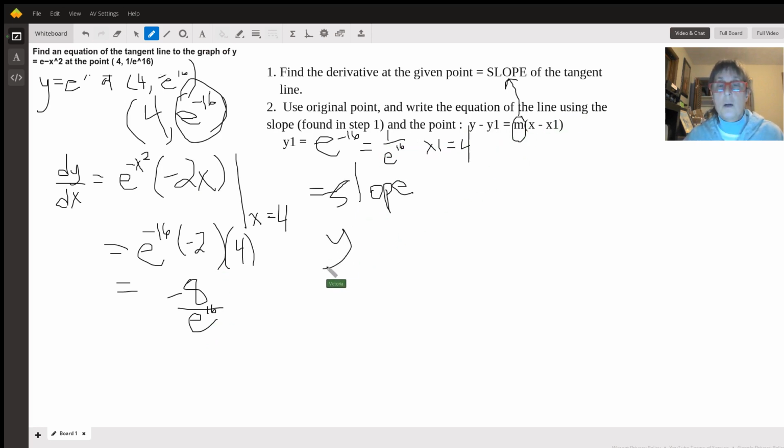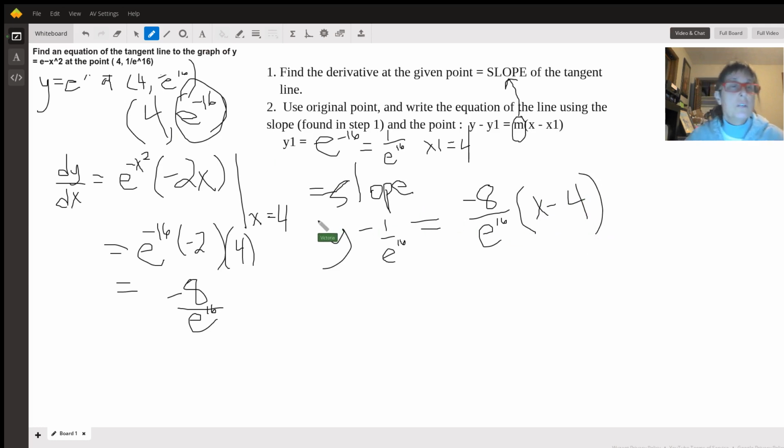Say y minus y1, which is the y coordinate of our point, which is 1 over e to the 16, equals the slope, which is negative 8 over e to the 16, times x minus the x coordinate of our point, which is 4.